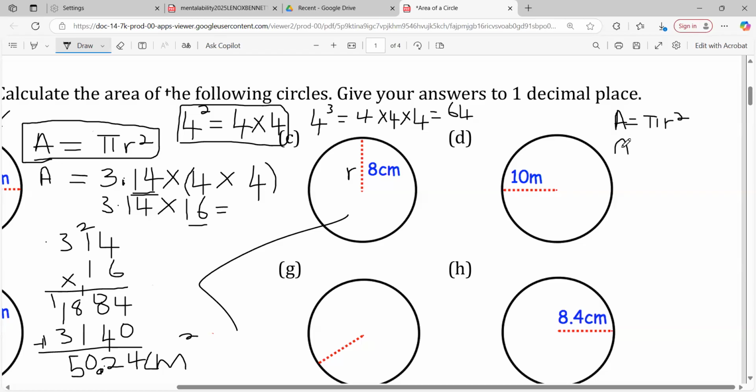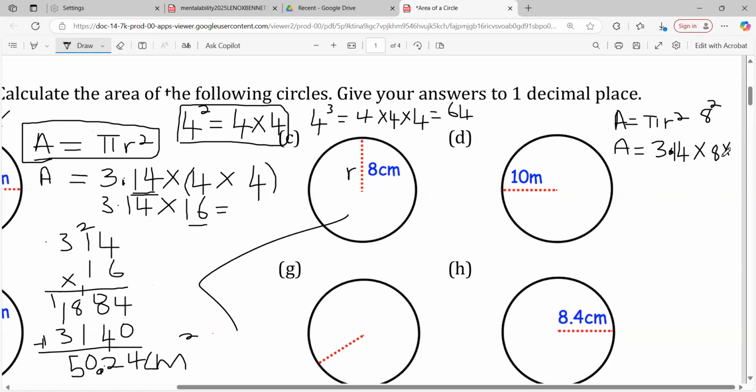So we're doing C. So we know that the radius is 8. So what we do, we put 3.14 and we times it by the 8 squared. Check that. So it would be 8. As we discussed with Jonathan a while ago, 8 squared means 8 times 8, not 8 times 2. That's a very common error that students make.